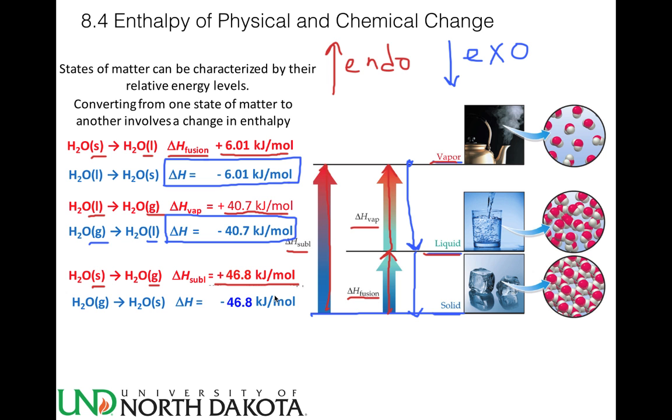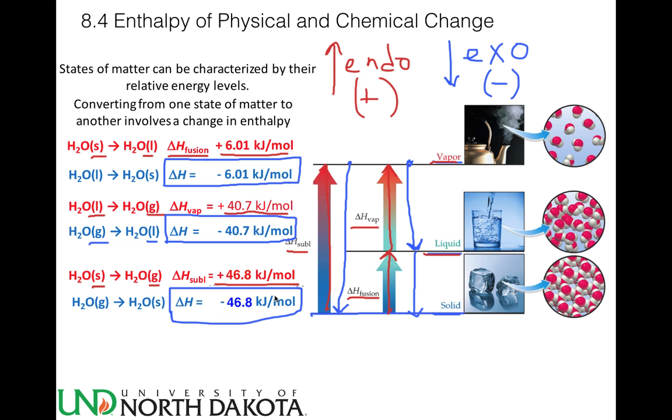And finally, going from a vapor to a solid has the opposite sign of the delta H of sublimation. So we have the value 46.8, but the opposite sign of that, so negative 46.8 kilojoules per mole, where that negative represents the exothermic process and the positive represented the endothermic process.